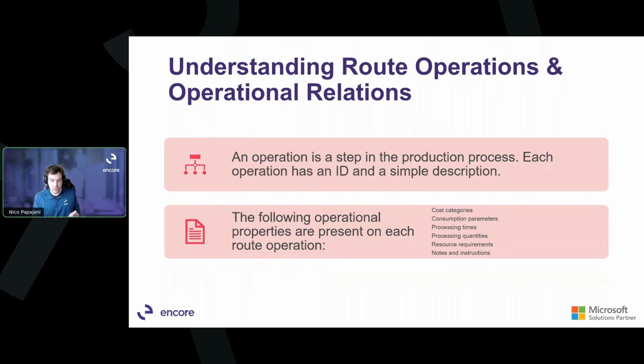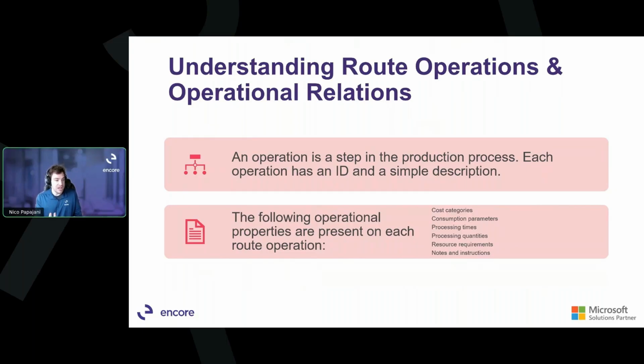So as we go through the production process, each one of these operational nodes, as we like to think of them, become important and are useful when you're trying to define different things on the route. And some of those would be what's listed here on my screen, right?